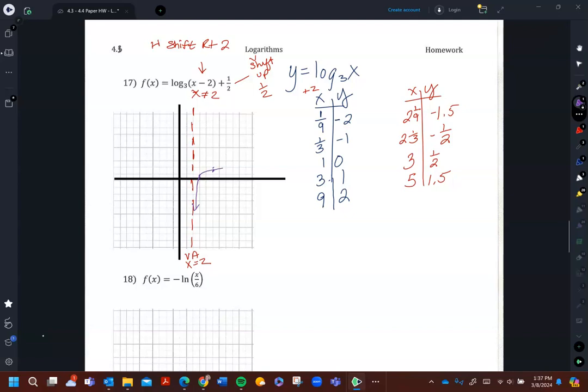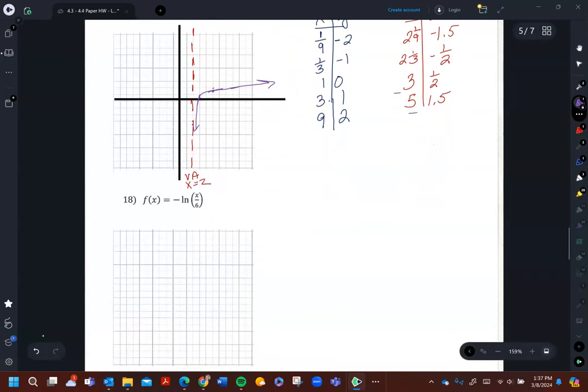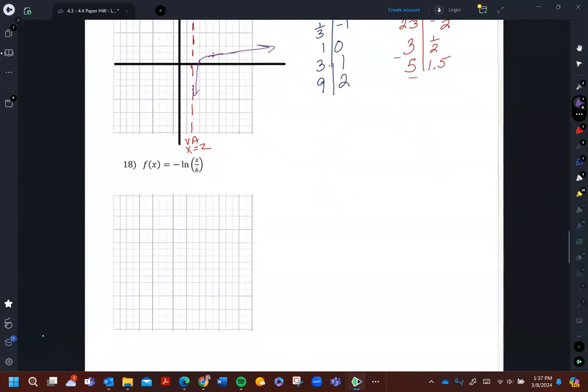So one of the reasons I wanted some bigger numbers here is just so I could graph it easier, because I'm shifted over. So again, it doesn't need to be perfect. Mine's not perfect, but just have that sketch in there. I'm not going to do all of number 18, but I'm just going to make sure you're set up for that.